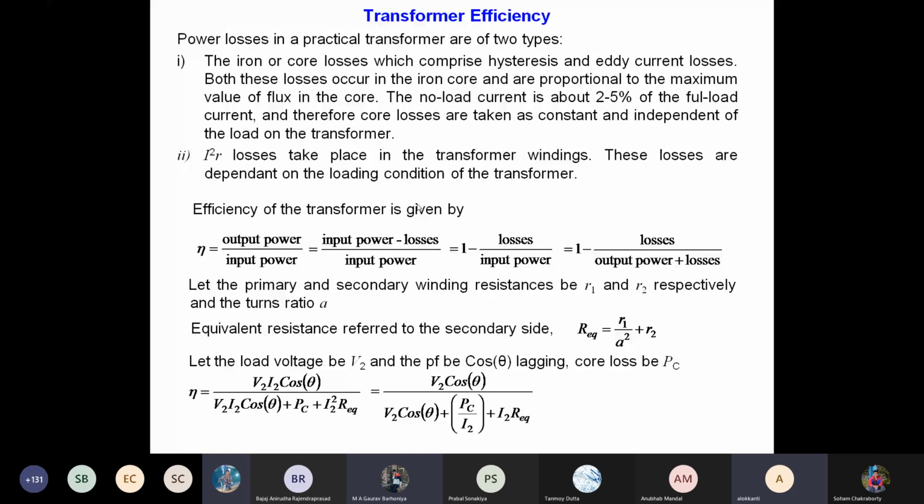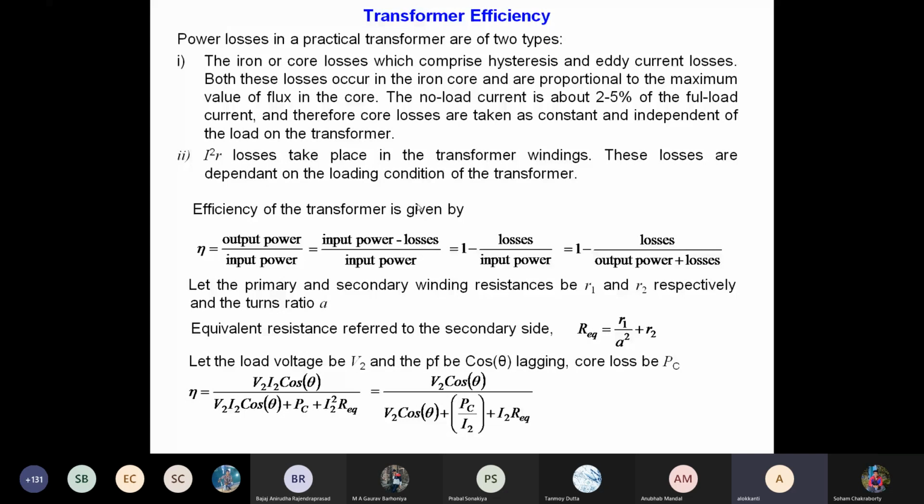But once we have installed the transformer, you are not going to keep changing it. Suppose you have a garden and you purchase a transformer for a water supply system; you are not going to play with it unless it breaks down. So it is fixed once you have a transformer.